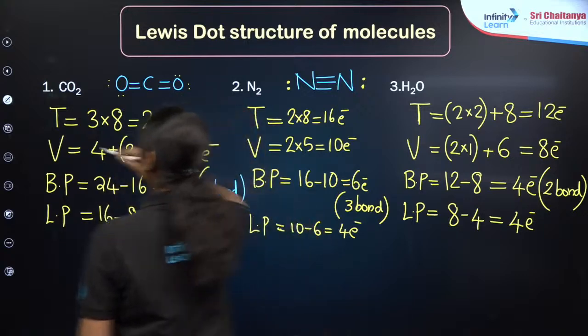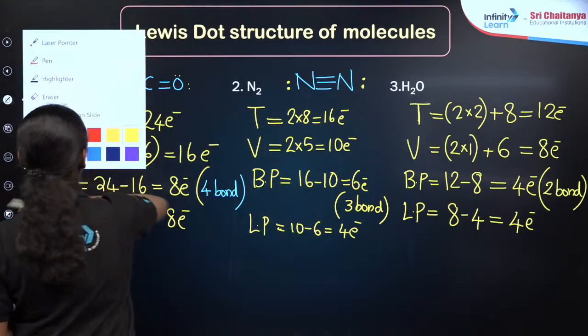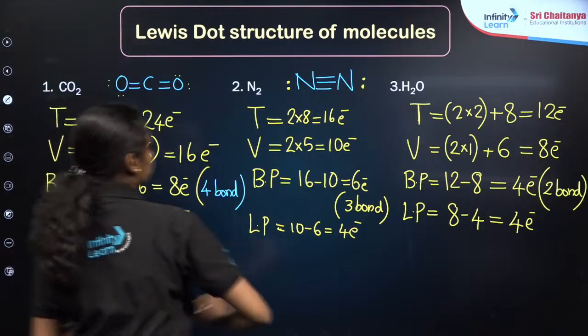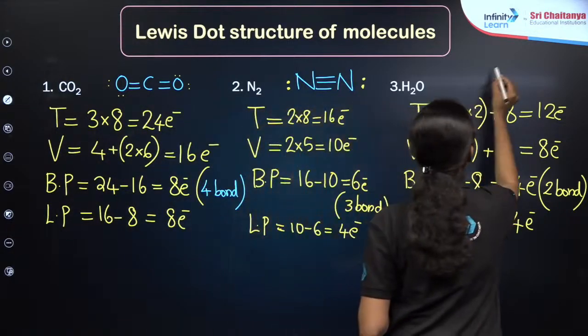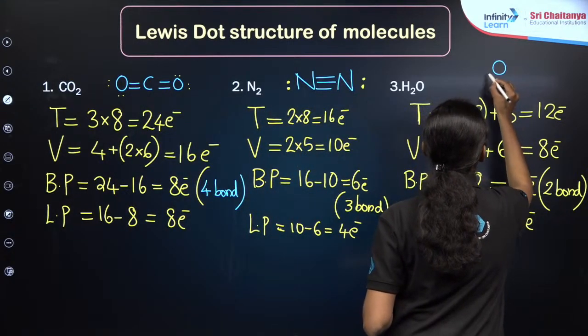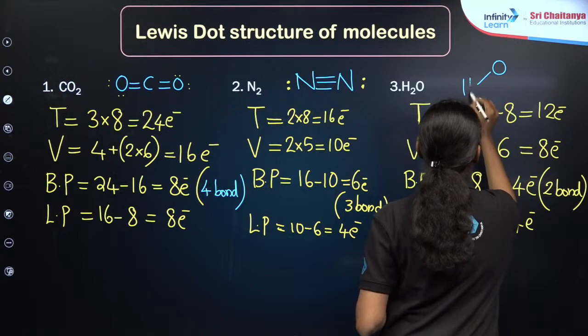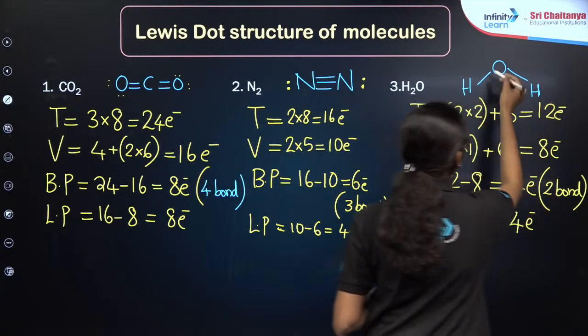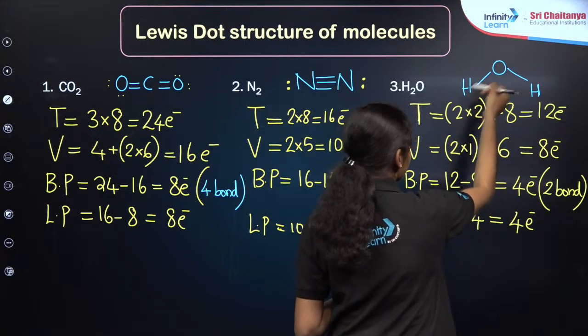Clear? Now I am going to write the structure. This is a structure in which these are the 2 bonds formed between oxygen and hydrogen.